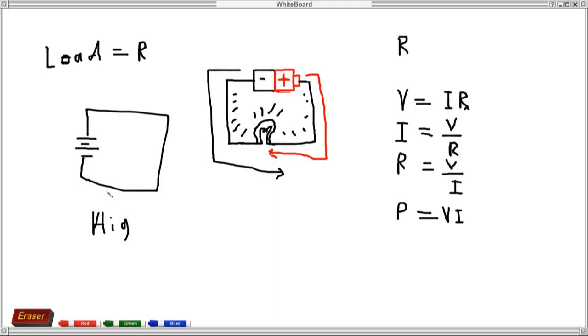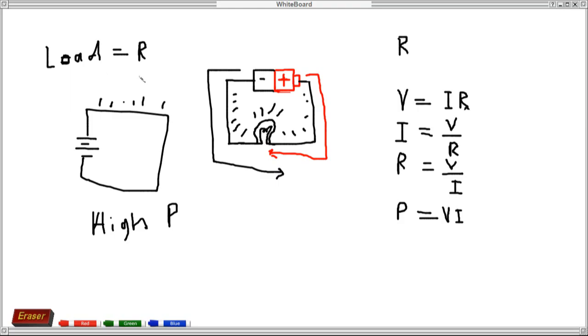This mainly happens with high power, because you're dealing with a lot of electrical potential going through here, which makes the heat dissipation very substantial across the circuit.